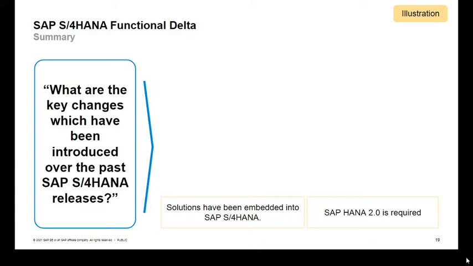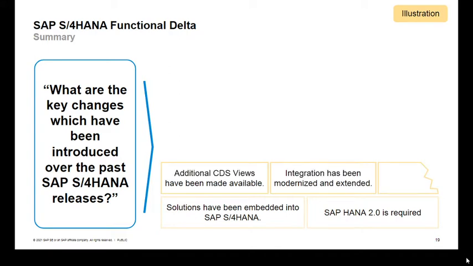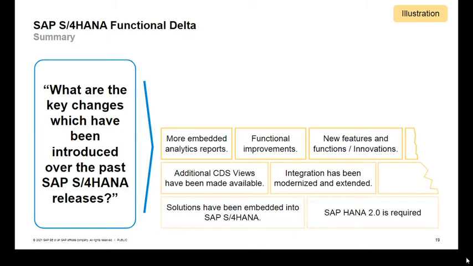We have made changes to the CDS views. We have extended the integration. We have modernized it. We're extending it, and we keep, of course, extending it. We added more embedded analytical reports. We're improving functional side, what we have in there, adding new features and functions.